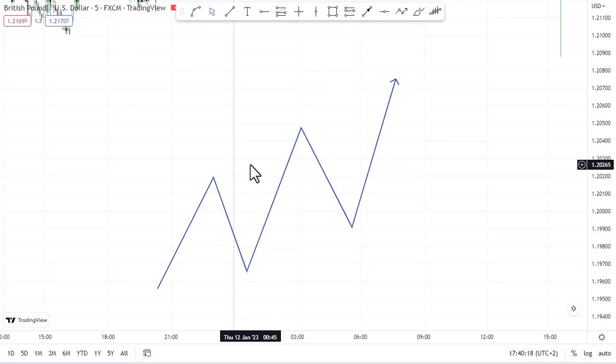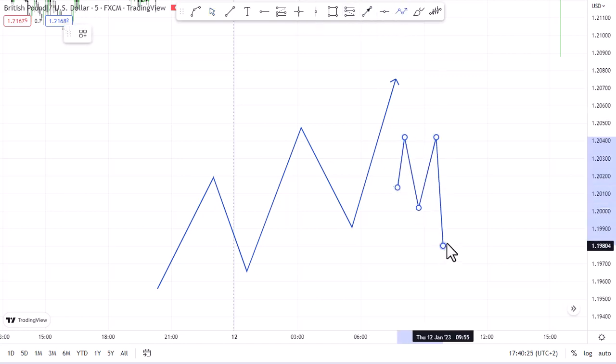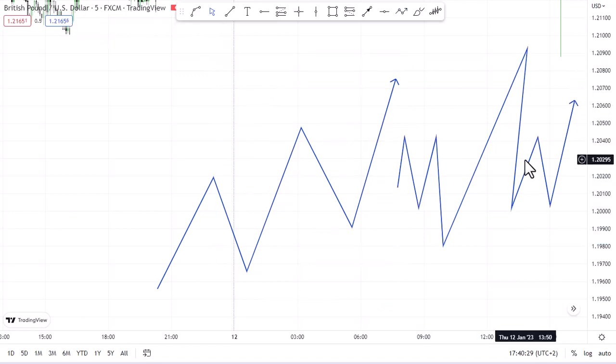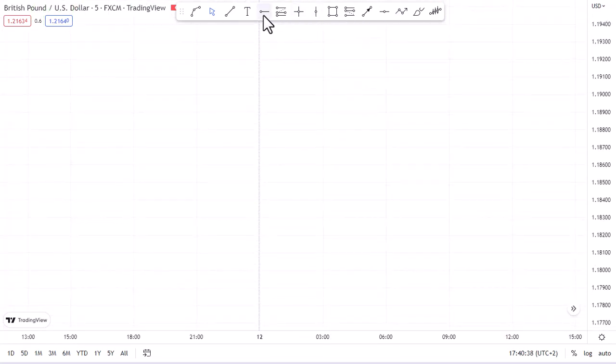So number one, this is a flawed representation of market structure. Why? Because the market structure can move like this anytime. So we have to get a schematic that is closer to the real market. So what I'm talking about here is something that looks like this.